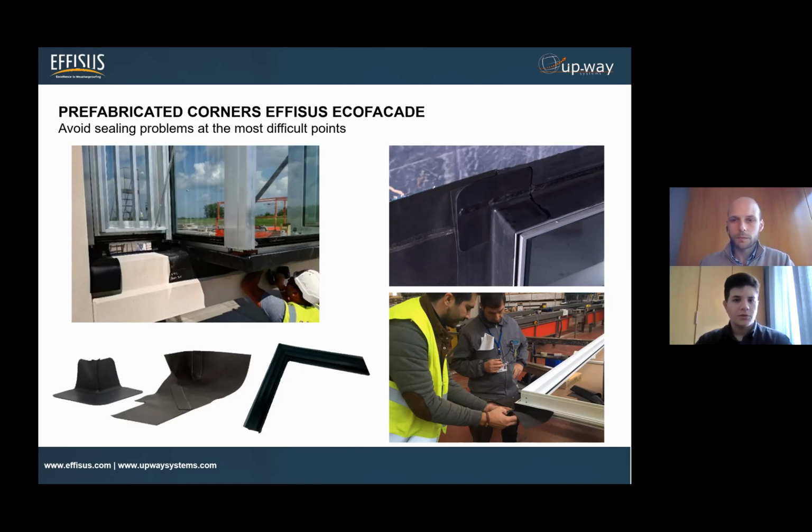Absolutely. So as we saw on the previous slide, we're able to do pretty much everything when it comes to EPDM technology to seal this type of interfaces. In this case, we find it very interesting to bring this level of prefabrication first when it comes to corners. We all know corners are probably one of the weakest points to seal, or one of the hardest points to seal between this type of interfaces.